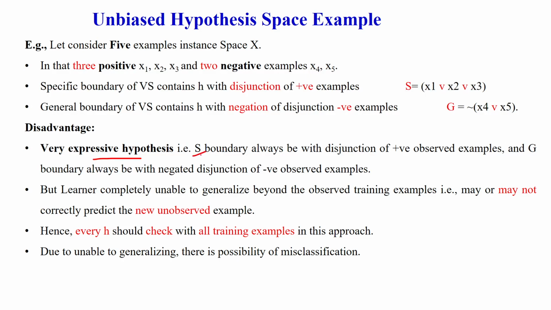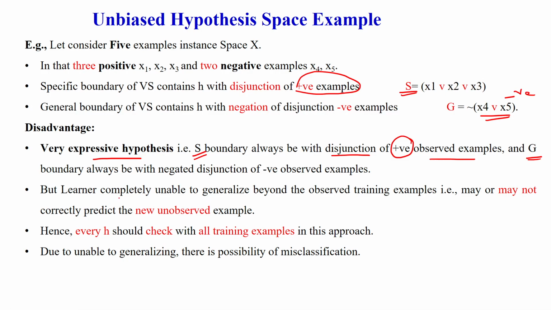That is, the specific boundary is always related to the disjunction of the observed positive samples. At the same time, the general boundary is related to only the negation of the disjunction of negative samples.